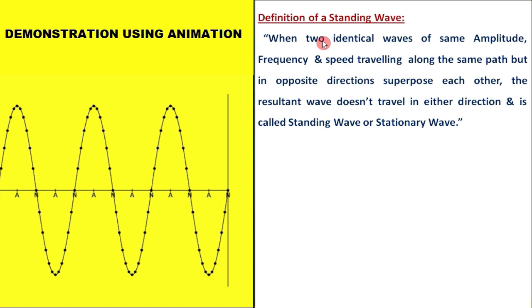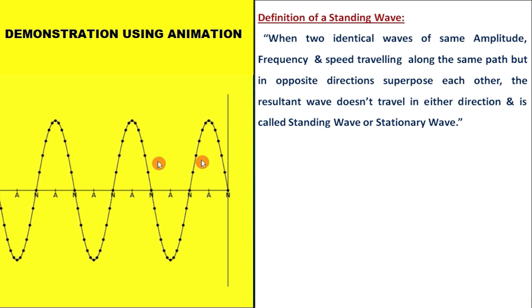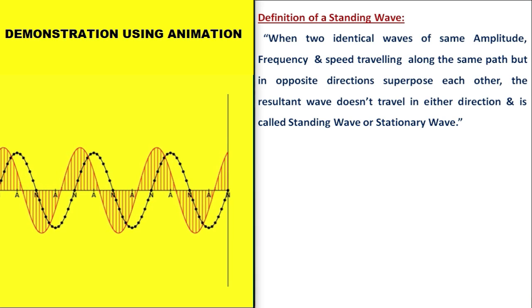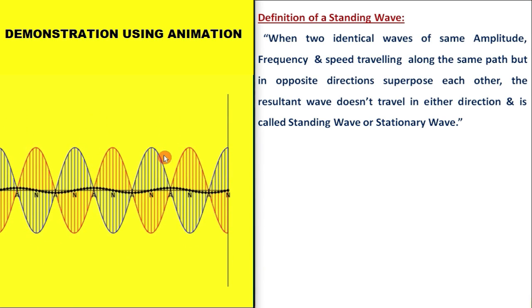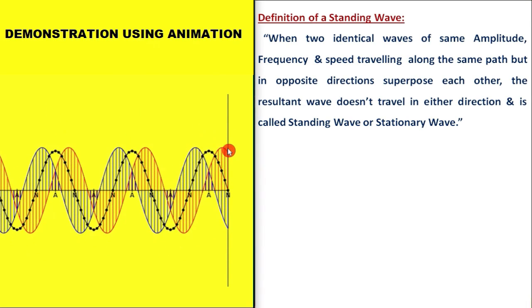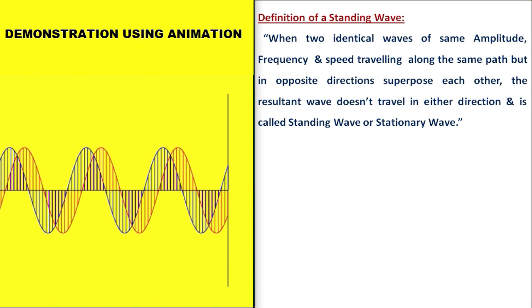Okay, is it clear which two waves I am talking about? That red color wave that was moving from that direction. Okay, like this wave. These two waves I am talking about, the red one and the blue one. Okay, these two waves are exactly identical waves. Let us erase that standing wave for now.